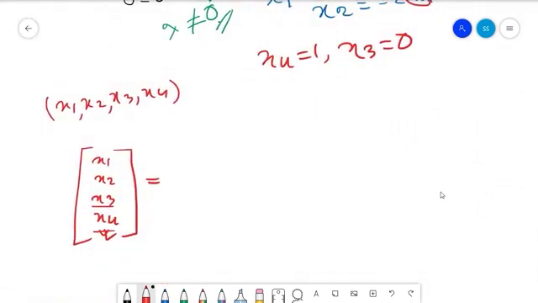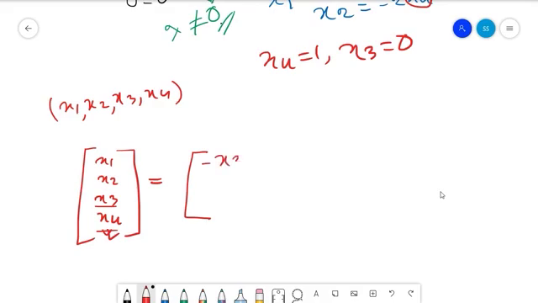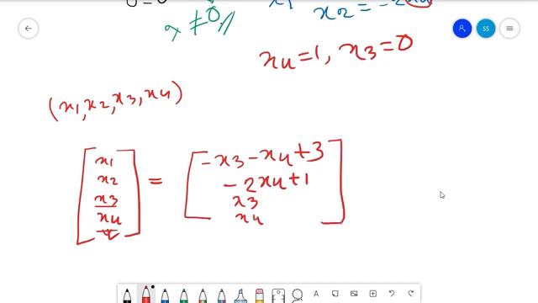So let's write this down. Instead of x1 we are writing minus x3 minus x4 plus 3. Instead of x2 we are writing minus 2x4 plus 1. We leave x3 and x4 as they are, because these are free variables.